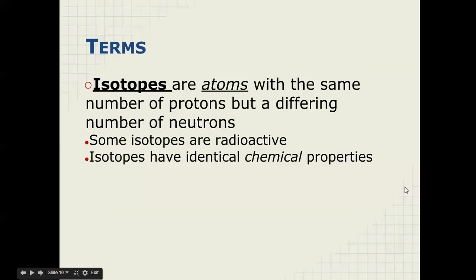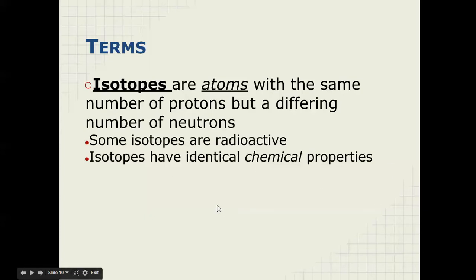So you and all other human beings and all other living things have a heck of a lot of carbon atoms inside of them. Almost all of those atoms are carbon-12, regular everyday old carbon-12, but a certain percentage of your carbon atoms are carbon-14 atoms. Now, to your body, these are no different. They behave exactly the same as all the other carbon. That's what I mean by isotopes have identical chemical properties.